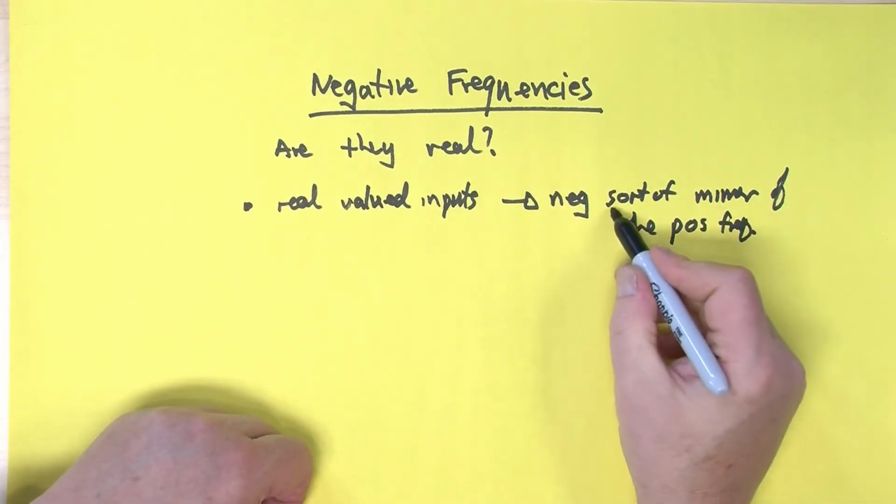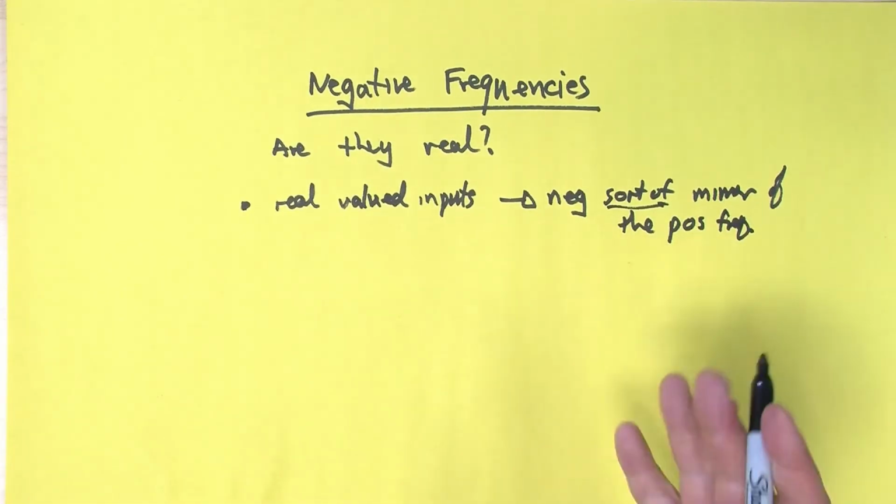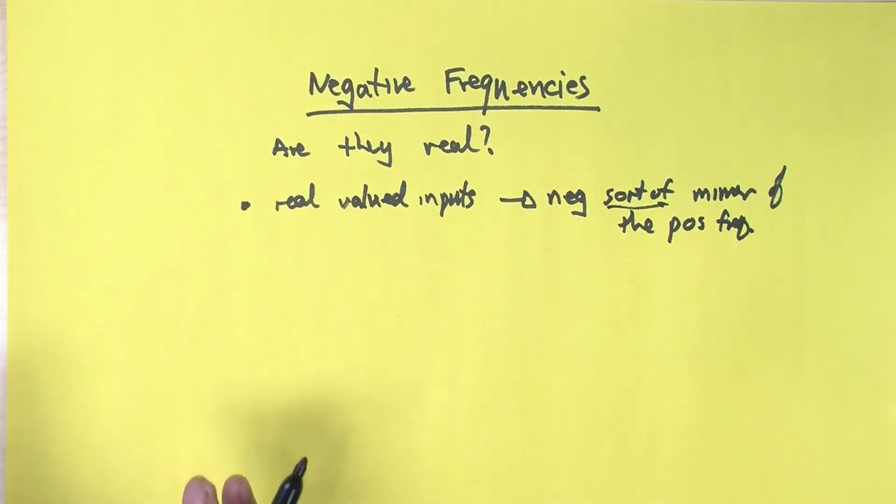And I say sort of because, as we saw for things like sine functions, you end up with one side having negative values. If we were to look at the powers, however, they would be the same.